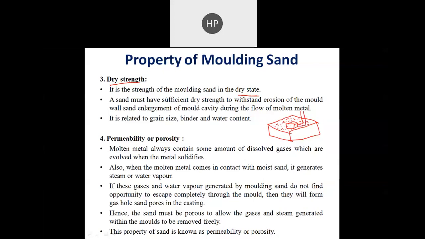inside that hollow cavity, that molten metal will be at a very high temperature. Suppose if we take the example of aluminum, it may be more than 800 degrees Celsius. The molten metal that we are pouring will be more than 800 degrees Celsius.